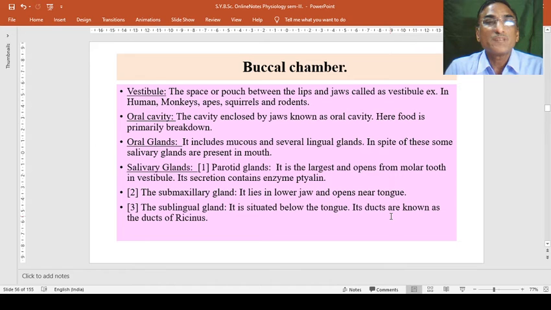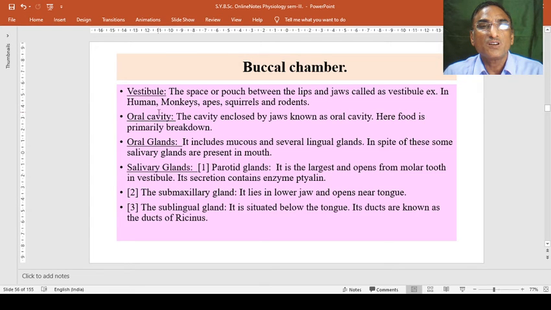In the buccal chamber, how is digestion completed, what are the activities carried out in the buccal chamber? We will see. First of all, the vestibule, the space or pouch between the lips and jaws, called the vestibule. So this is the spacious area.